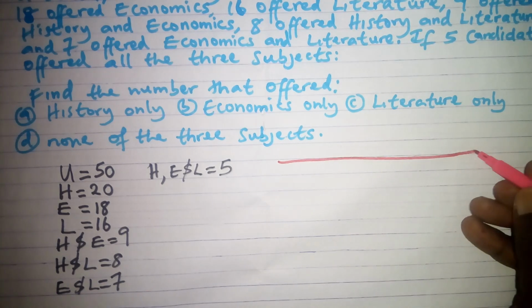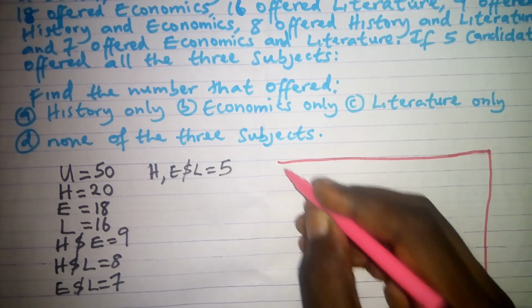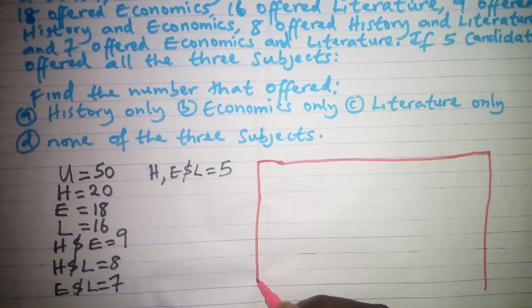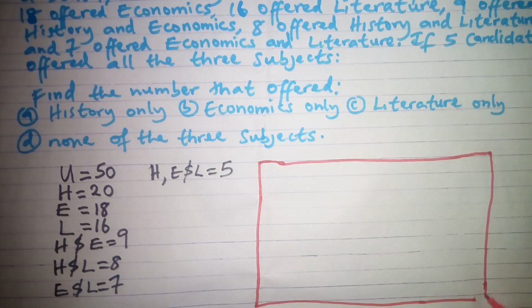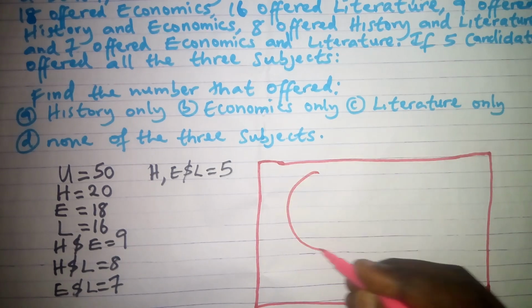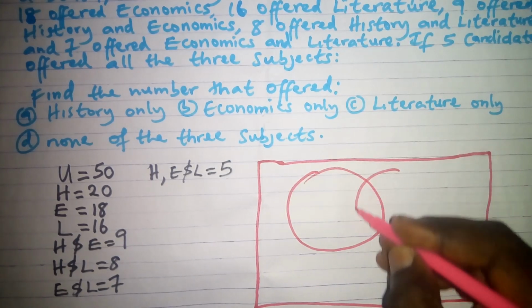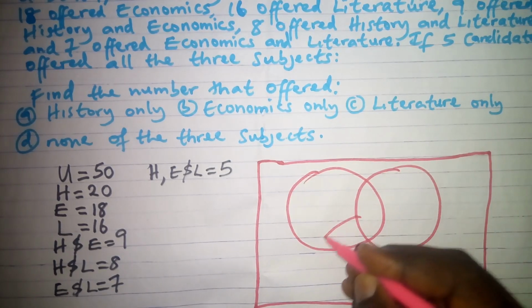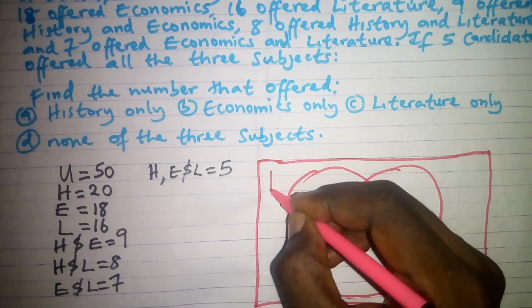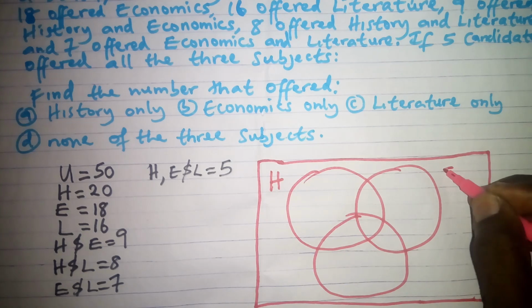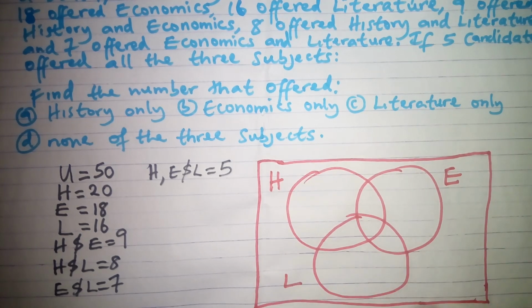So this is my very big rectangle, and then I'll fix in the sets there, and the sets will be drawn in circles. The first one, the second one, and the third one, you can see they are intersecting each other. So this will be my history, H, this will be my economics, and this will be my literature.